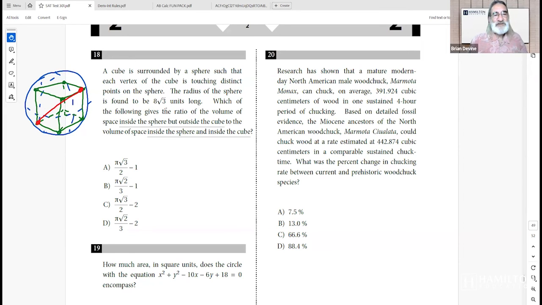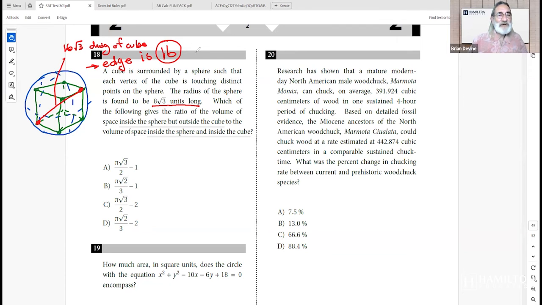And so this radius is 8 root 3. So this would be 16 root 3 is the diagonal of the cube. And this tells me that the edge length of the cube is 16.